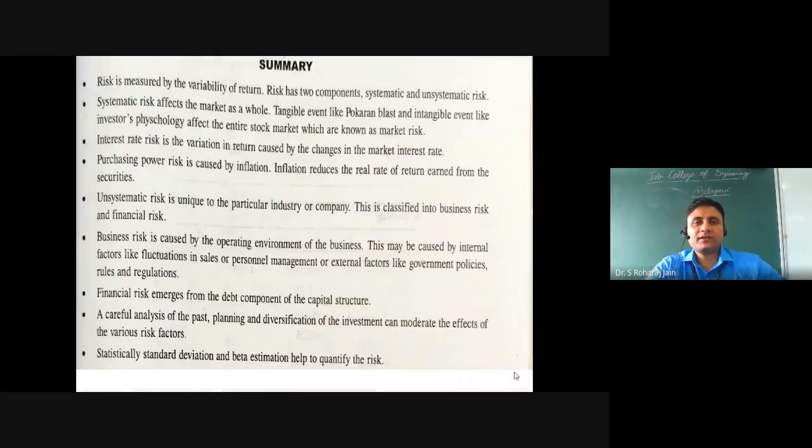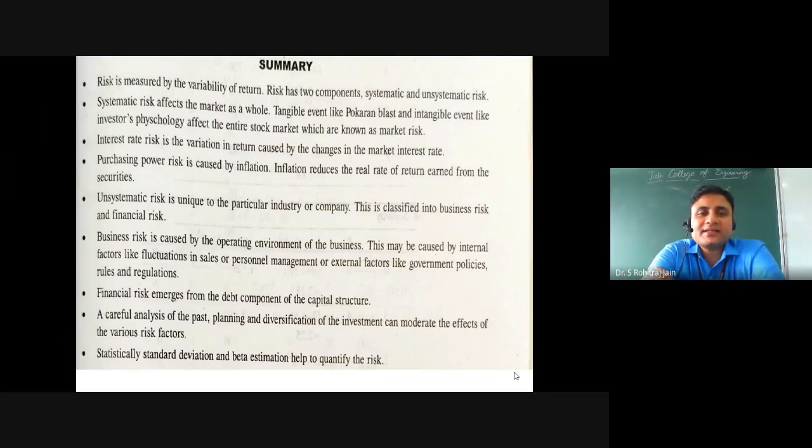So, a summary of the things we have discussed. Risk is measured by the variability of return. We have already understood, students, that risk has 2 components, systematic risk and unsystematic risk. Systematic risk affects the market as a whole, for example tangible events which have happened.